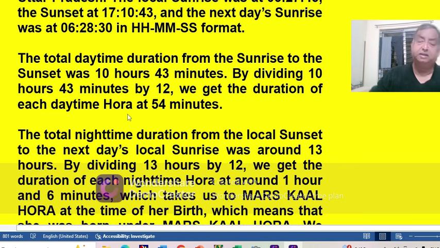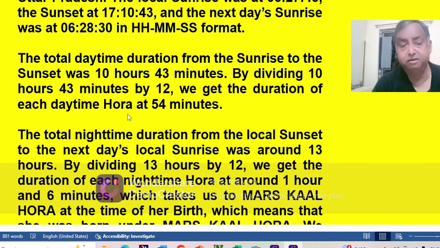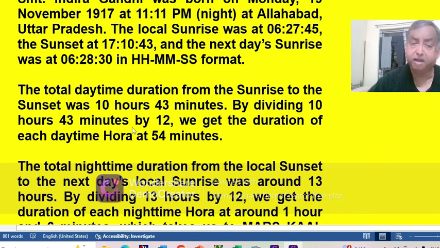The total daytime duration from the sunrise to the sunset was 10 hours 43 minutes. How? From sunset time, I have subtracted the sunrise time.